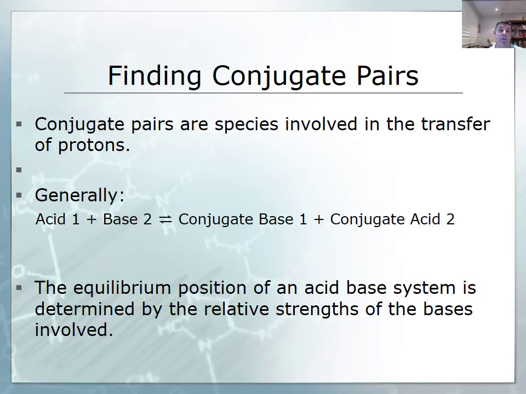In order for us to explore this in a little more detail, the first thing we need to do is have a look at the idea of conjugates. Conjugate pairs are species involved in the transfer of protons.